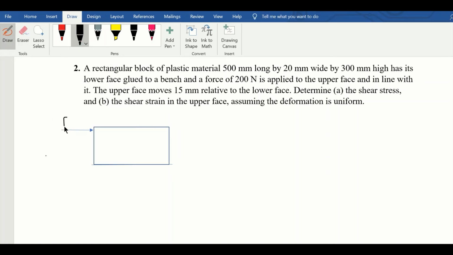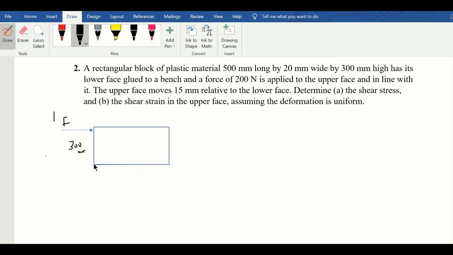So this is my force right here, and don't forget that the height of this rectangular block is 300 millimeters. Now it says when a force of 200 Newton is applied to the upper face and in line with it, the upper face moves 15 millimeters relative to the lower face.